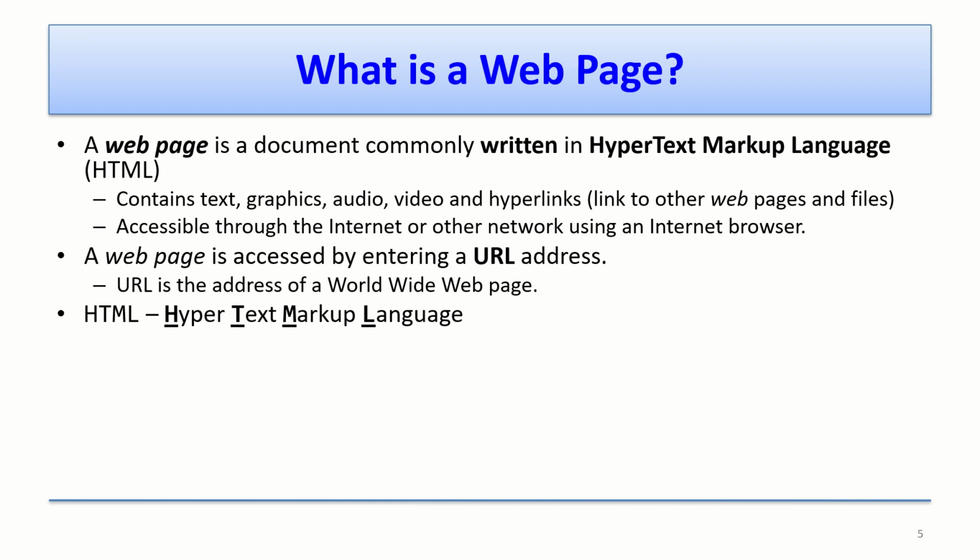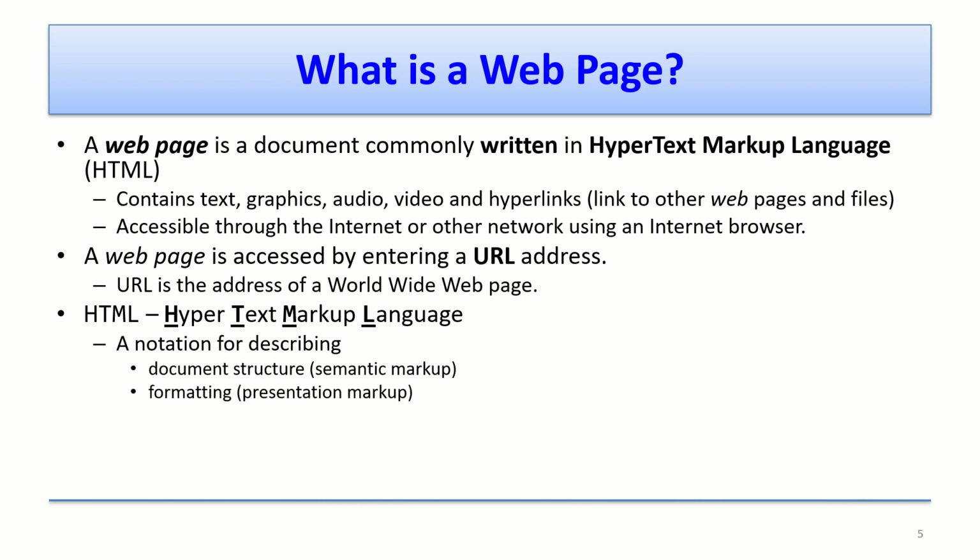Then I told you that HTML means hypertext markup language. What is a language? A language is a collection of vocabulary and a defined set of rules for how that vocabulary is used in a particular task. It is a notation for describing. Here, there is a document structure and then their own formattings.